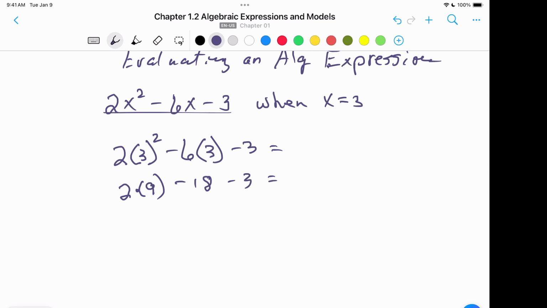Next, we're going to look at this. This is crazy. Isn't this crazy? Watch this. 2 times 9 is 18. Minus 18. Minus 3 equals. Now, 18 minus 18 is 0, minus 3, and that gives us negative 3. And that's our answer.